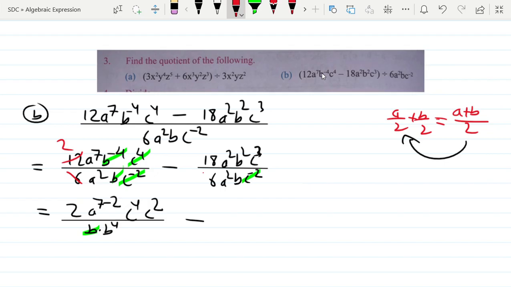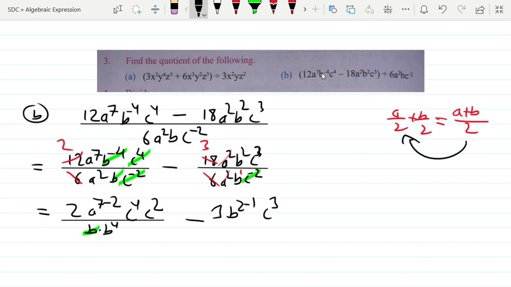And beside of that, by 6 you can cancel 18 for 3 times, and the a square you can get cancelled, is it? Same as same 3. And now of b, you get their power subtracted, so you can consider this as b power 1. So as they are getting divided, you have to subtract.